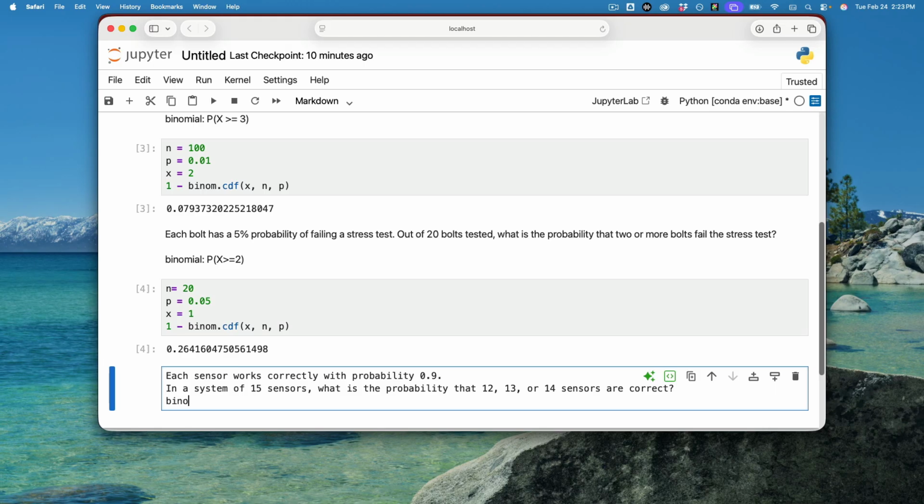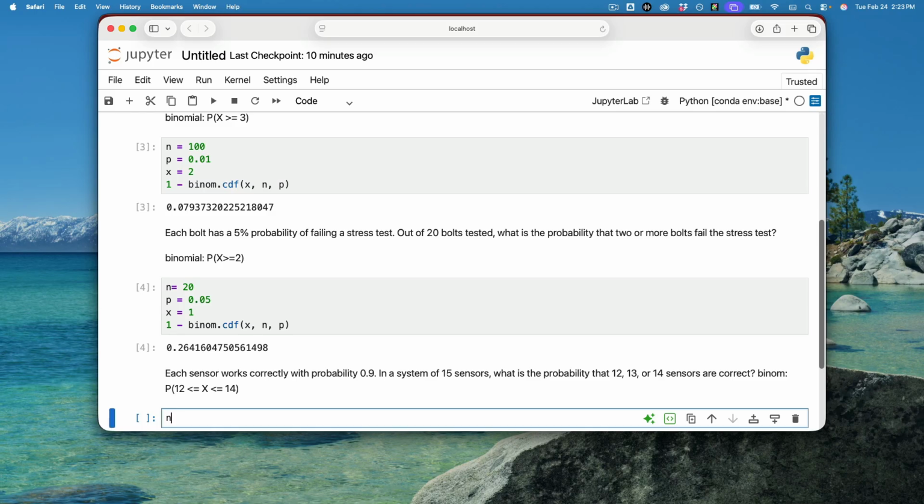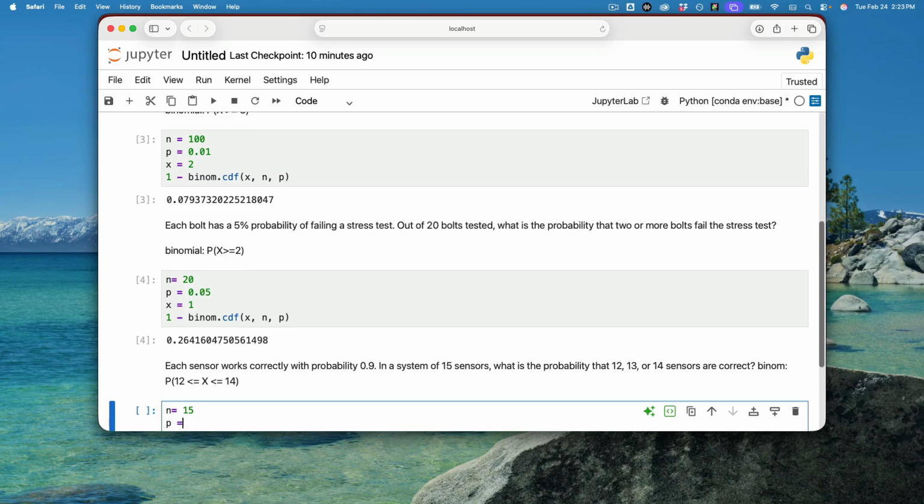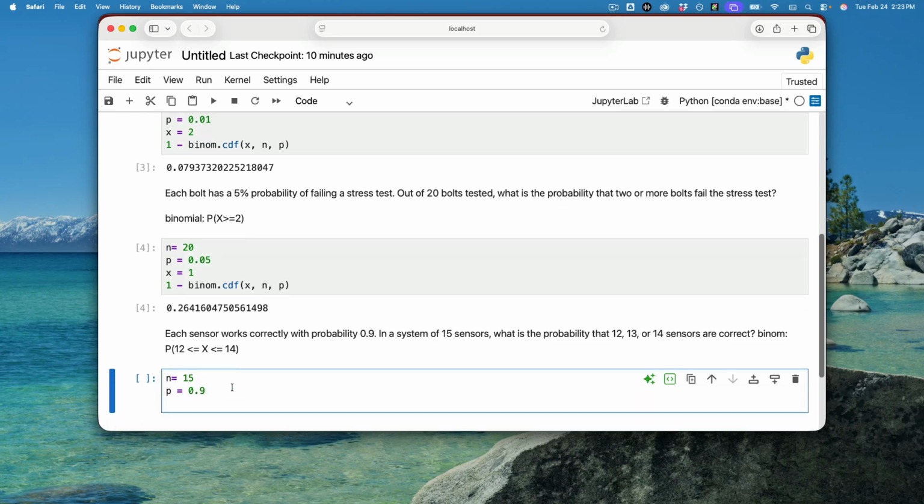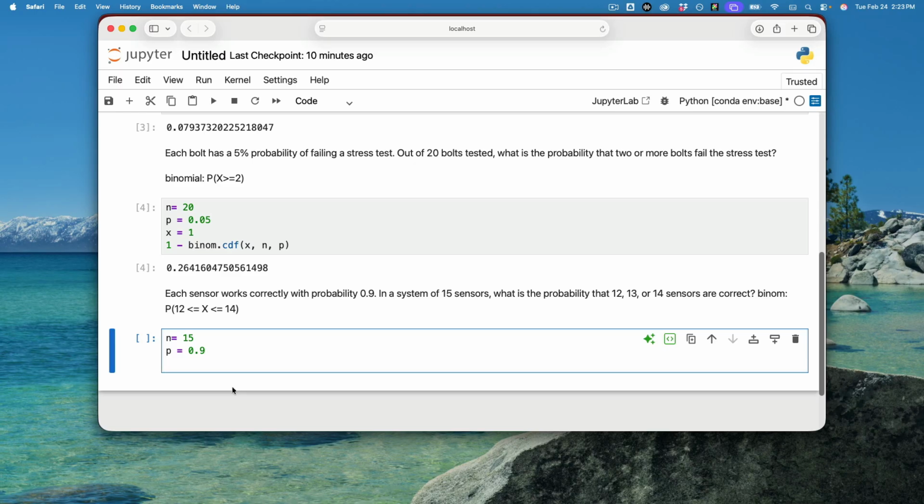So this should be binomial distribution, and we're asking for x between 12 and 14 inclusive, okay? So my n is 15, my p is 0.9, and I'm not going to put a and b here for now.